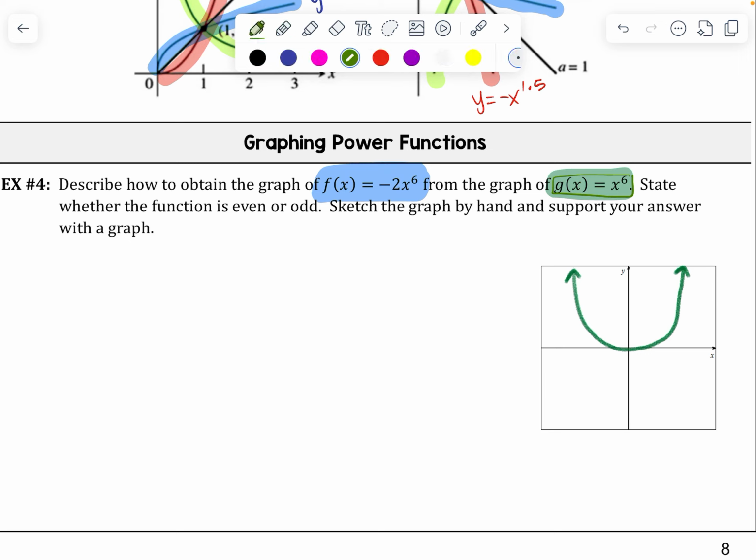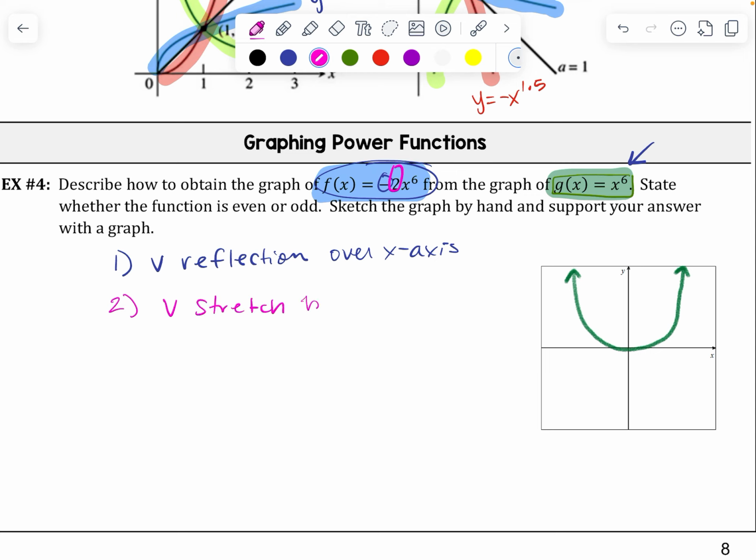So number 1, in order to change this from its parent function, we know that this negative in front is a vertical reflection over the x-axis. This 2 in front is a vertical stretch by a factor of 2.